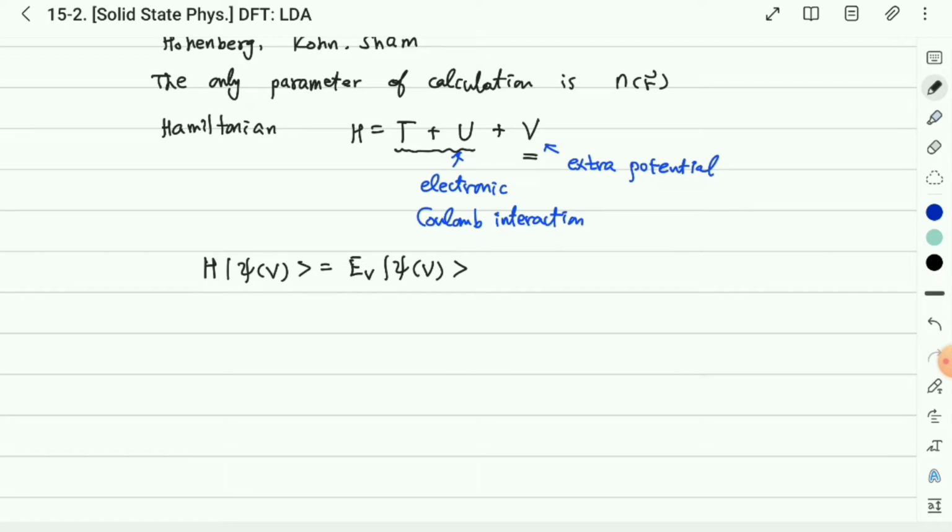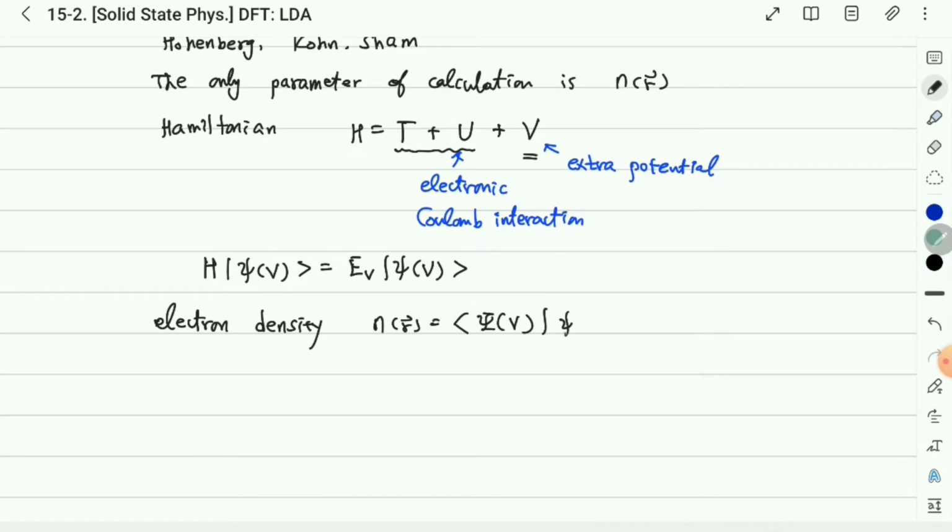In this case, the electron density can be represented by the expectation value of psi dagger(r) psi(r) for the total wave function.